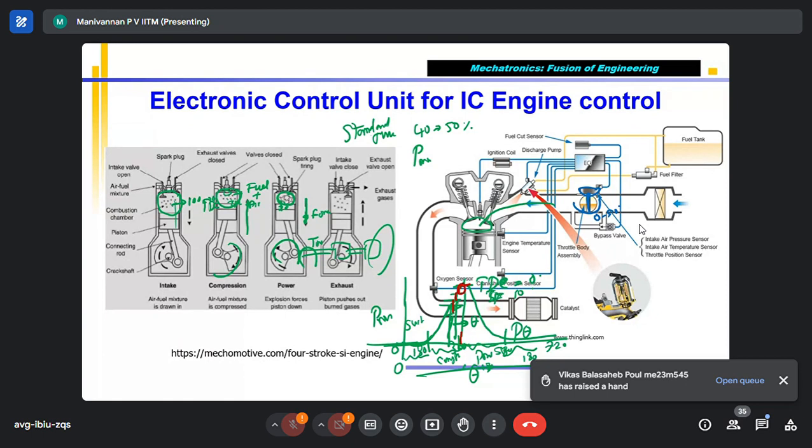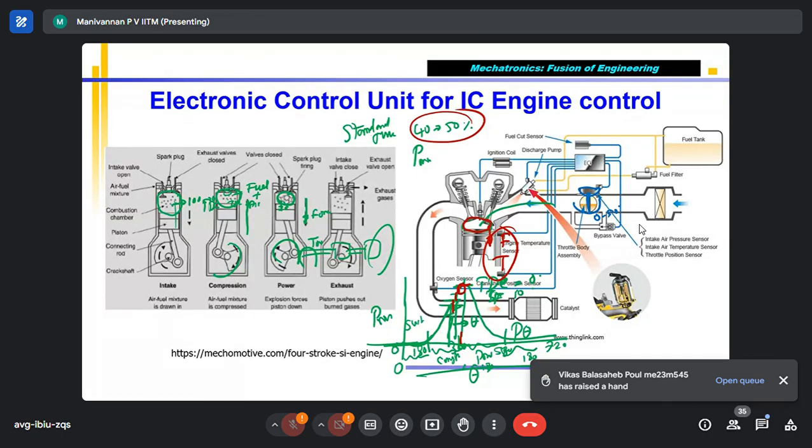Then only the peak pressure is created in the combustion chamber. When more pressure is created, there is more downward force and more torque. The idea is to have the maximum torque generated by the engine.